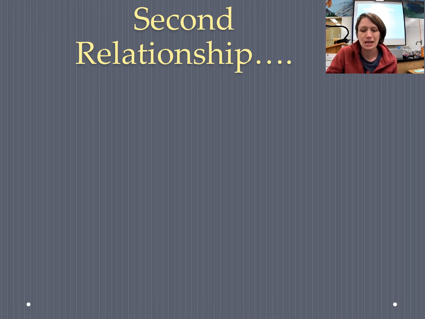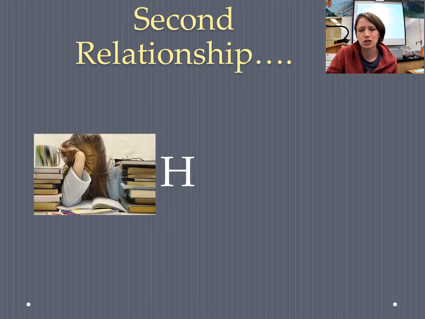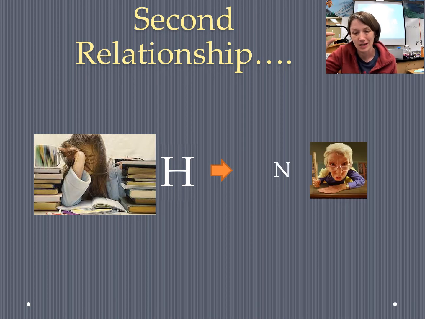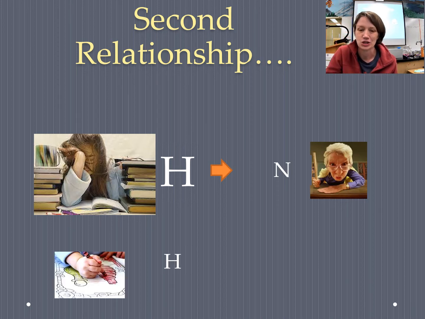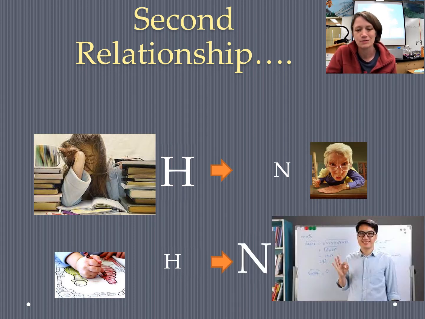We need to go through the same process for our second relationship, which is the amount of homework the teacher gives. Hopefully, many of you agree that the more homework the teacher is giving, that actually translates into a less nice teacher. On the flip side, if your teacher gives you not very much homework, most people assume that means the teacher is very nice.